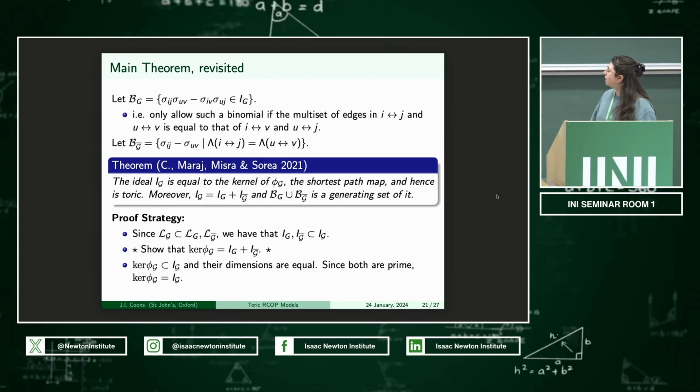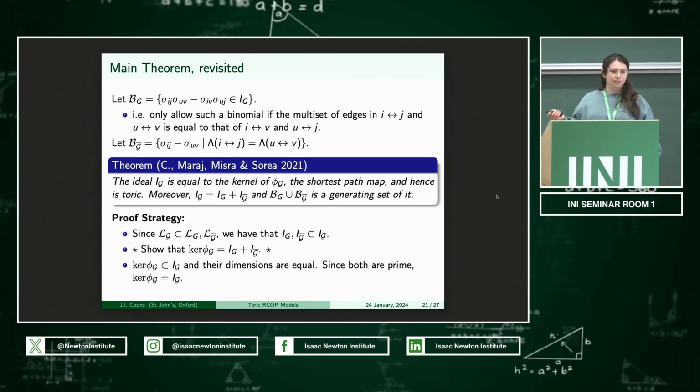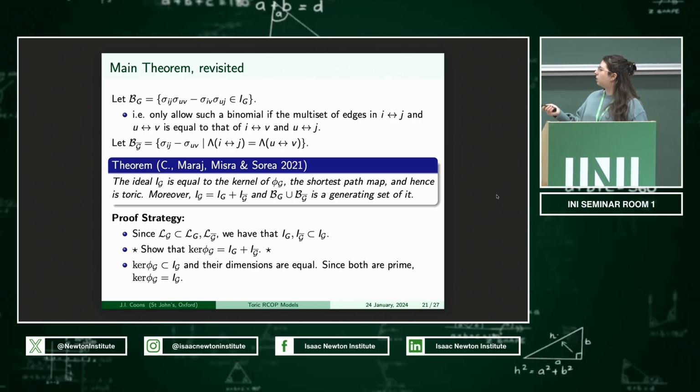So the proof strategy is as follows. First of all, it's clear that we have this containment of linear spaces. So the linear space given by the colored graph is contained in that of the uncolored graph and that of the complete graph. And that gives us the reverse containment of ideals. So you get the same containment of inverses and then the reverse containment of ideals.